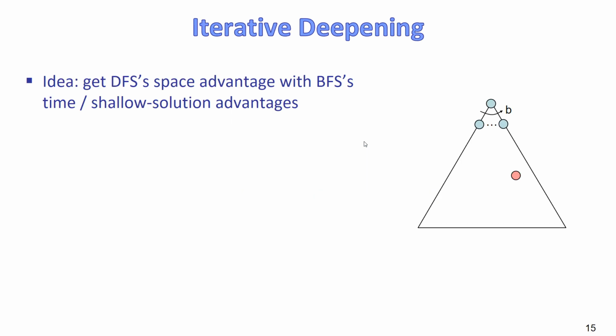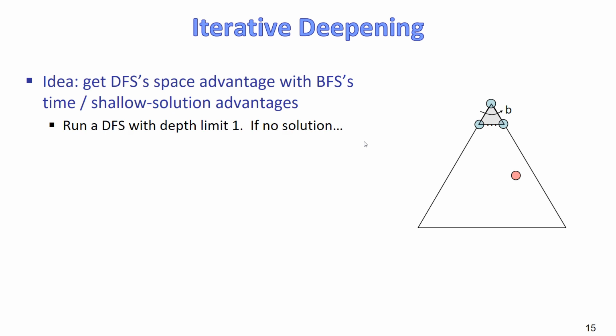Now, since you saw advantages for BFS and advantages for DFS, let's try to combine both in one algorithm. The idea is to combine the advantages of both, trying to find something that on average will be better than both of them. So the idea is to go into iterations.